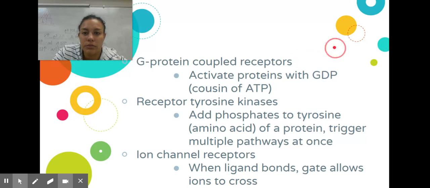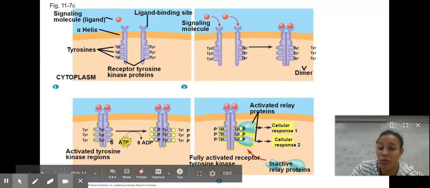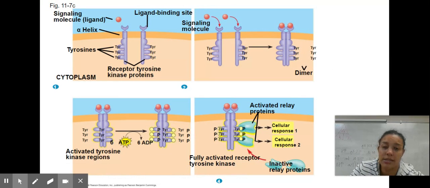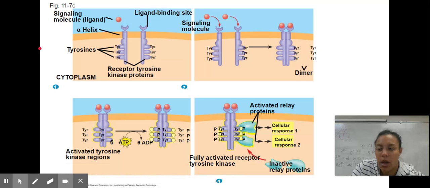Here's an example of some receptor tyrosine kinases, and this is way more than we really need, but it gives you the visual. I tried to copy over one of my original slides from PowerPoint to our Google Slides, so it didn't quite work out. But again, here we're outside of the cell.